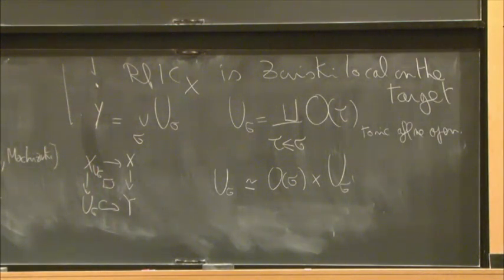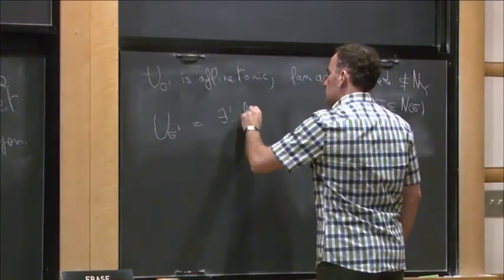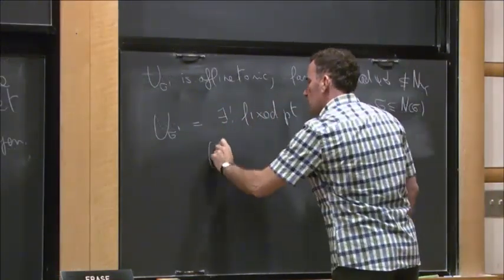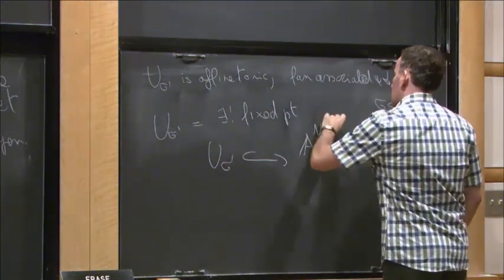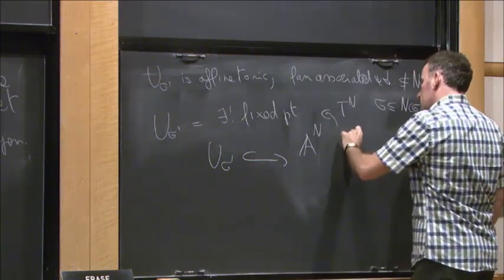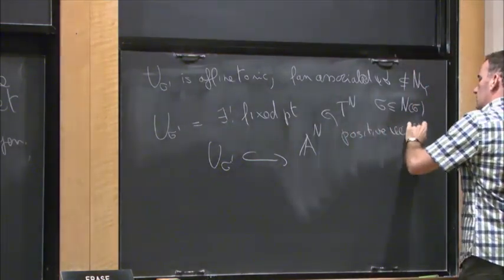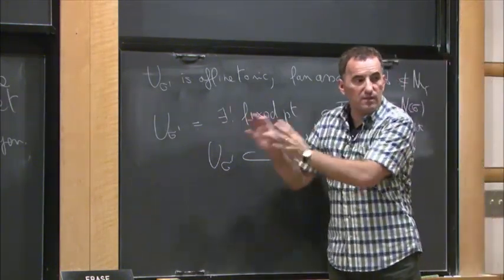This is not just affine toric, but it also has a unique fixed point. And there's an equivariant embedding inside of some affine space with respect to a torus action with positive weights. So everything goes to the origin, and U sigma prime goes with it.